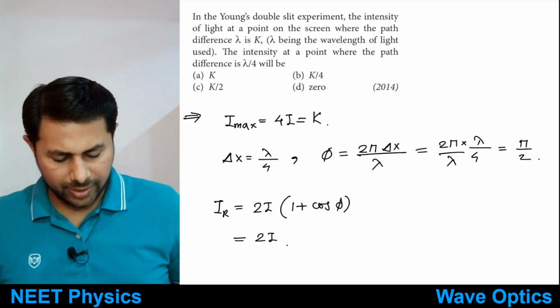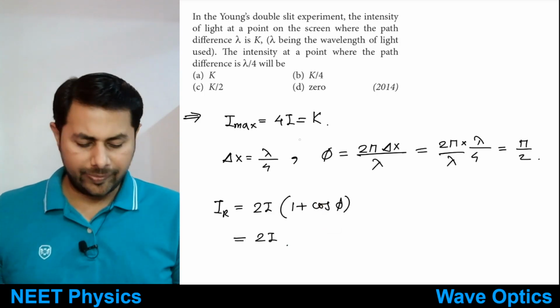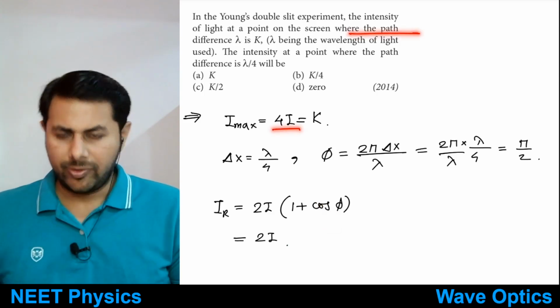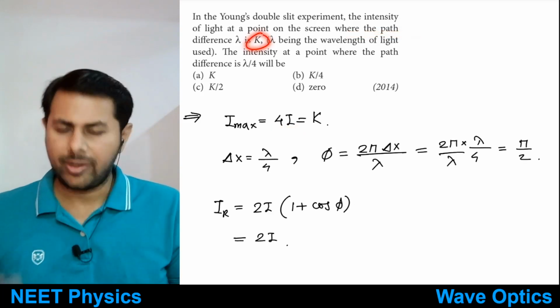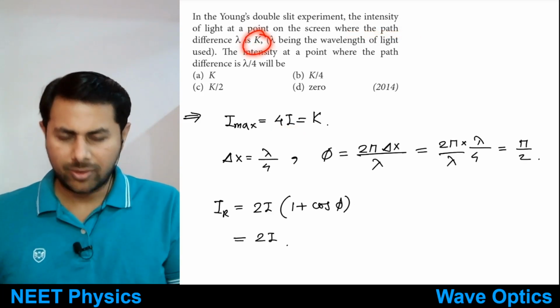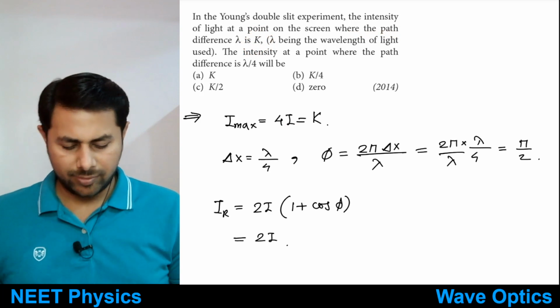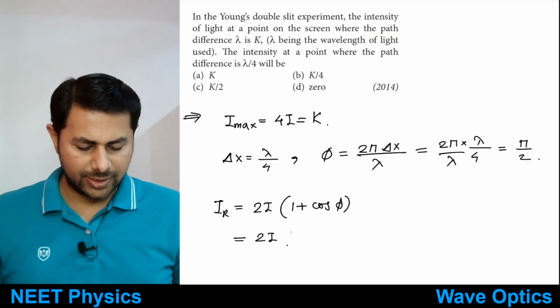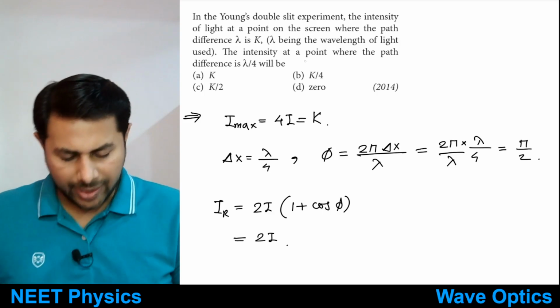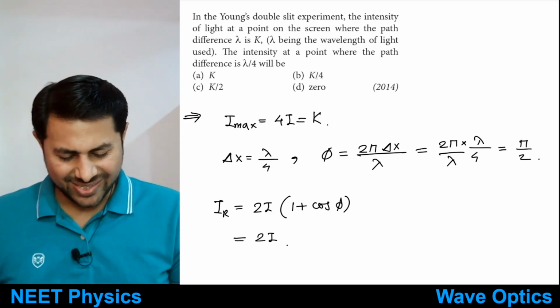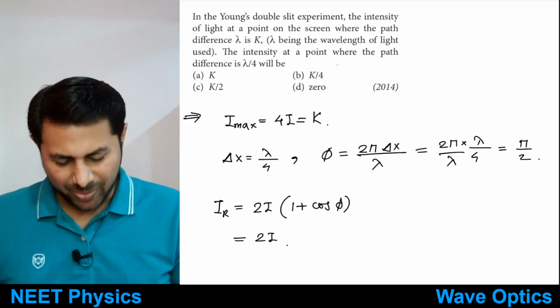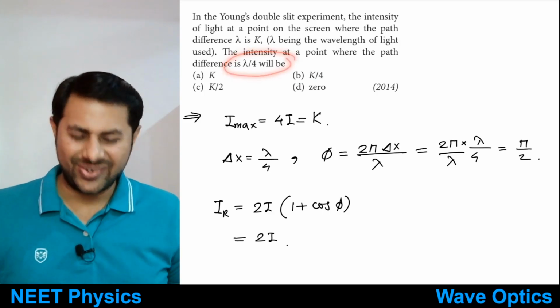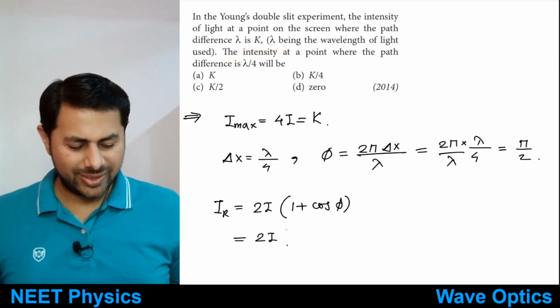So maximum intensity is 4I, okay, where the path difference is lambda, the intensity would be maximum, and they are calling it k, but we know that is equal to 4I. And the point where the path difference is lambda by 4, the intensity would be what? It's equal to 2I.